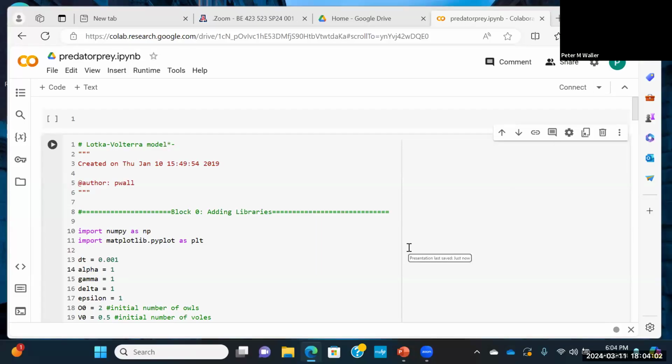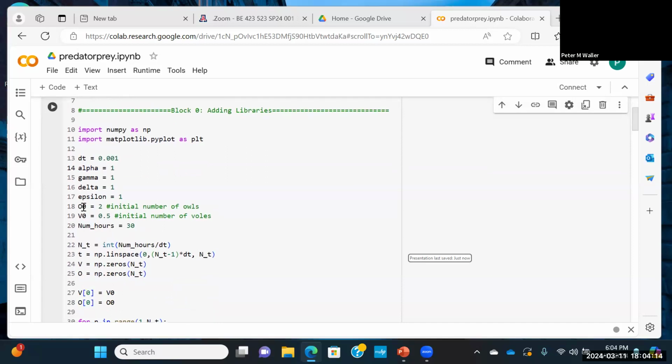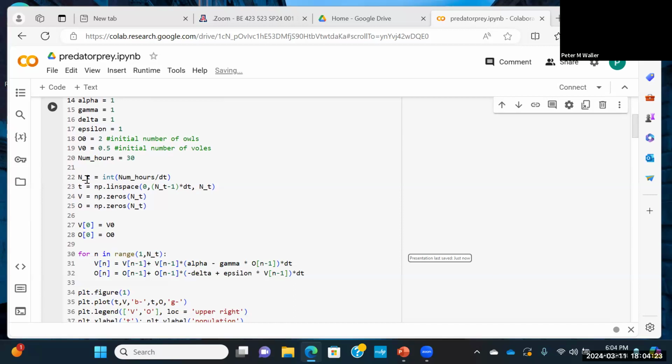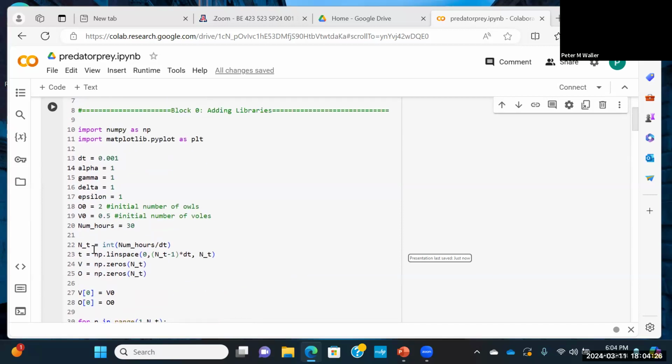Okay, welcome back. So in this case, I have set my time step equal to 0.001 dt. My alpha, gamma, delta, and epsilon are 1. My initial owls is 2, my initial voles is 0.5, and my number of years is 30. And this is a new technique. You're going to set your number of time steps equal to the number of years divided by dt.